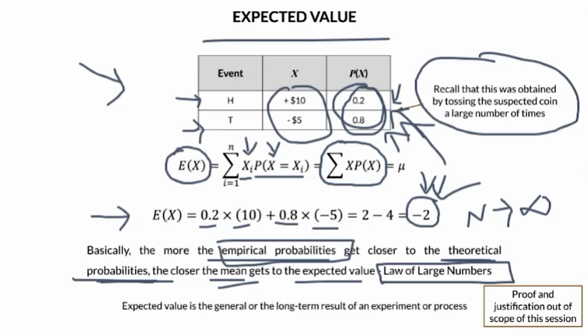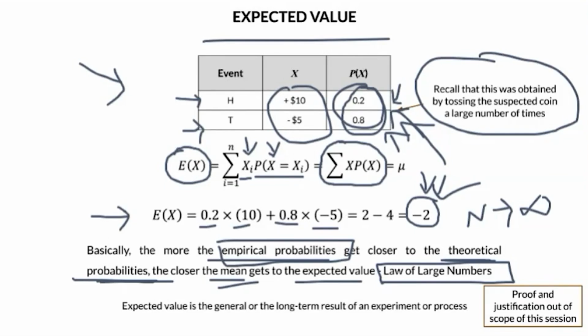That means, conceptually speaking, if anyone plays this game a large number of times in the gambling house, they will lose $2 per game on average. And that may not even be sufficient. That may not even be close to the price of the game. Maybe the price of the game is much less. Why should you be losing $2 for each game?